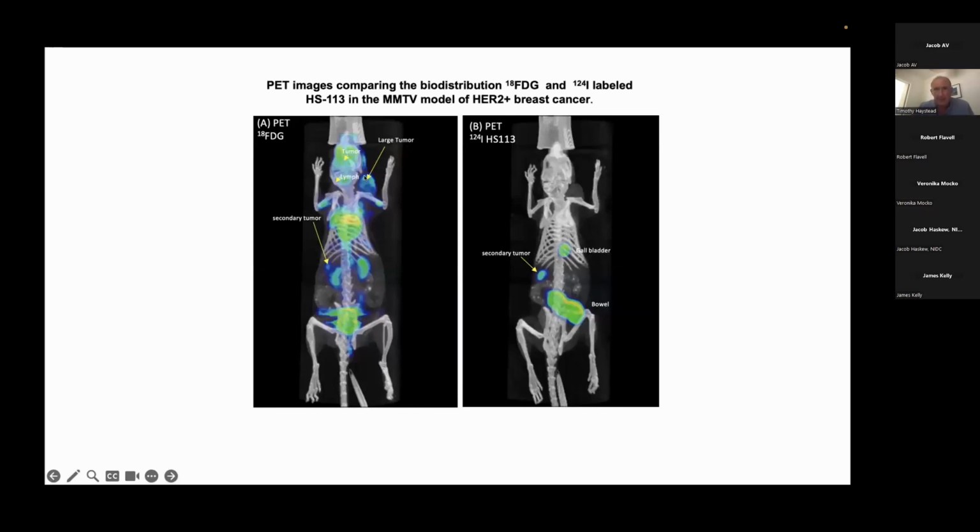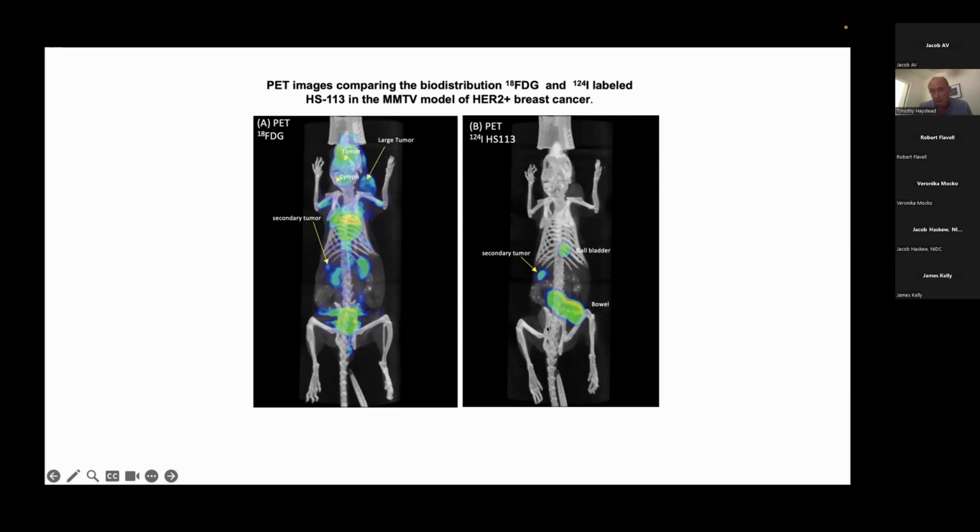This was a spontaneous tumor model, where you have to do about 10 mice before you get one that does form a secondary mass. In these studies, we compared it to the F18 FDG PET image from the day before. You can see the usual distribution of the glucose molecule, and then we did pick up a secondary mass.